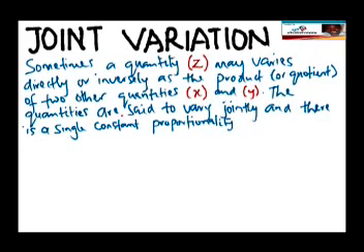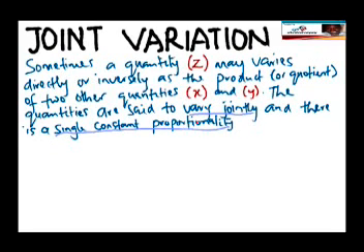The quantities are said to vary jointly and there is a single constant of proportionality. What this simply means is we have to take note of the underlined words: there is a single constant of proportionality, and it says to vary jointly.